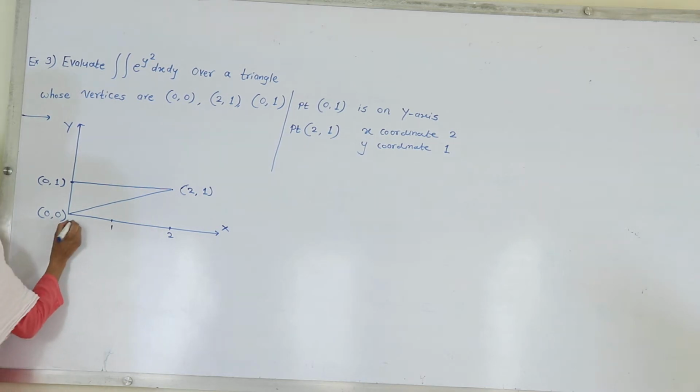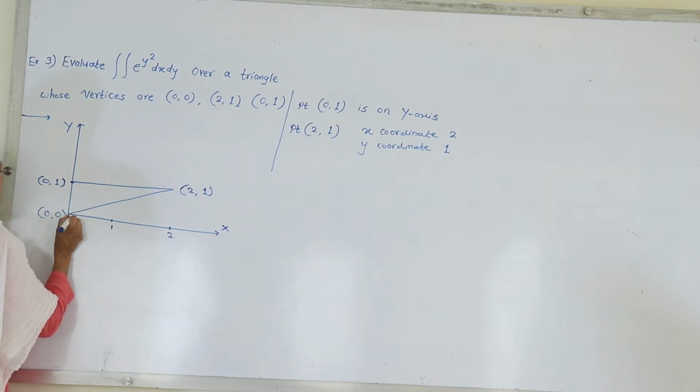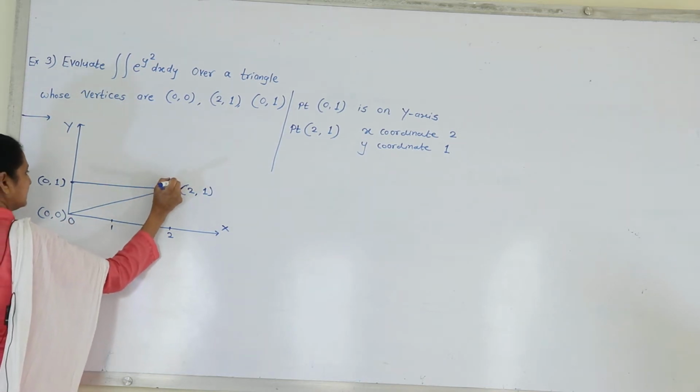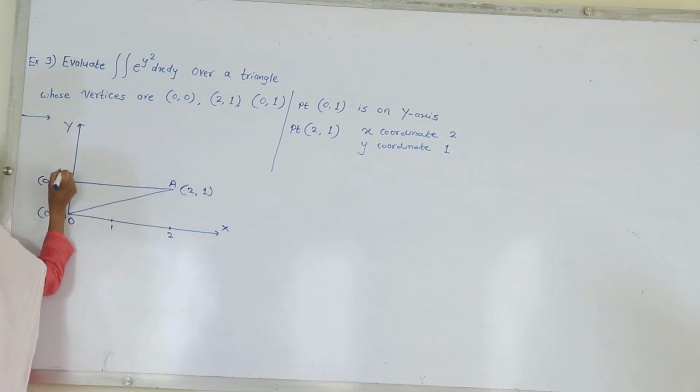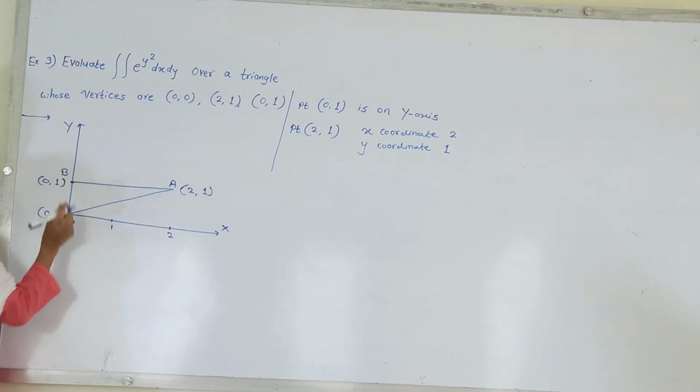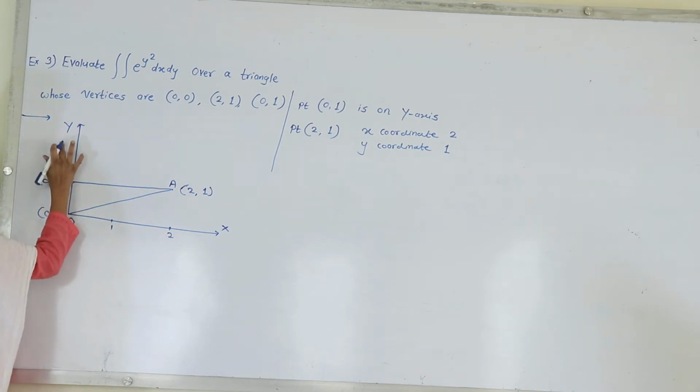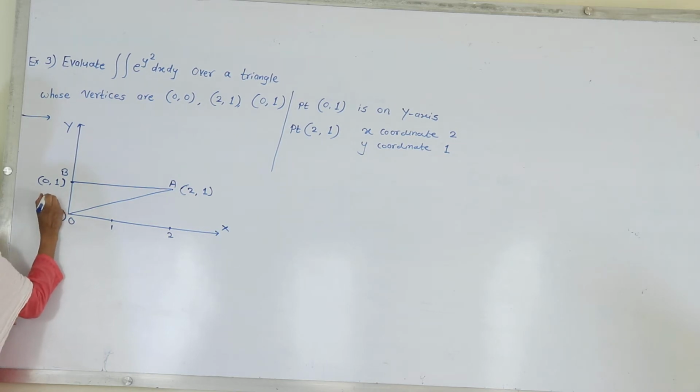Now suppose this is origin O, this is point A and this point is B. Now we have to find the equations of those lines. The equation of the y-axis is x is equal to 0.